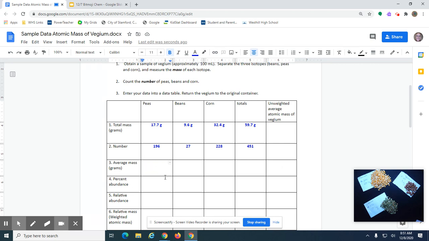Average mass. Total mass divided by total number of particles. 17.7 divided by 196 is 0. Did I do my math right? 17.7 divided by 196. Yes, I did my math right. 0.0903.